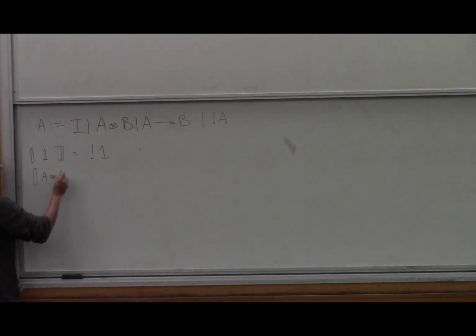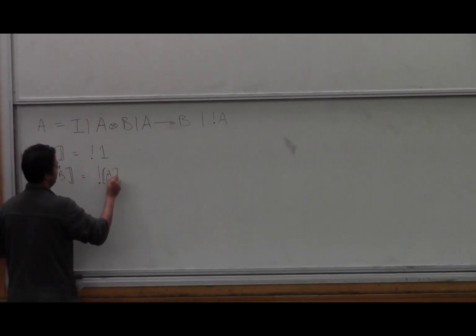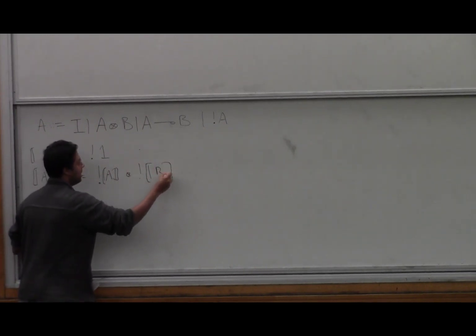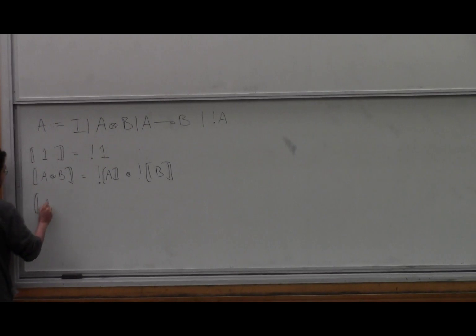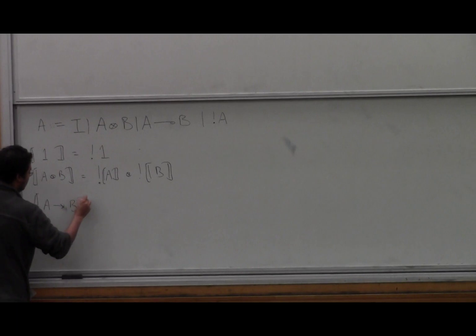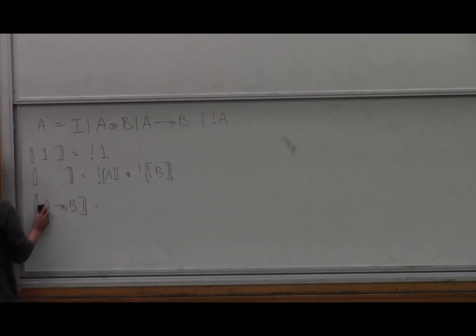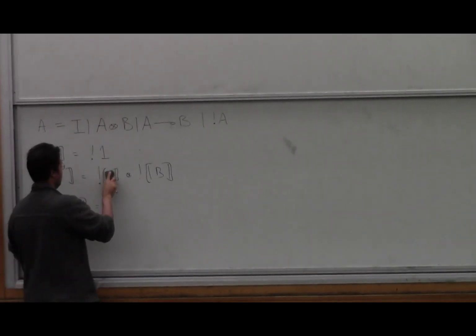A tensor B will be bang of the translation of A, tensor bang of the translation of B, and that part should all make sense. And then the bit where he got clever was when you have A implies B. Actually, let me be consistent with my notation from yesterday: X times Y, X arrow Y, and make those X's.